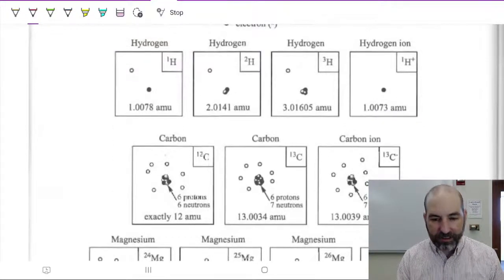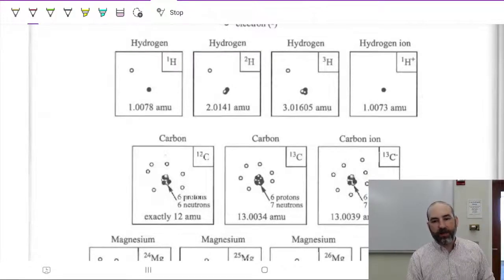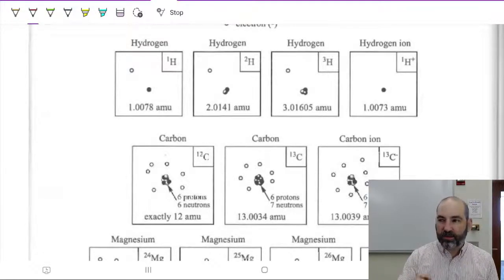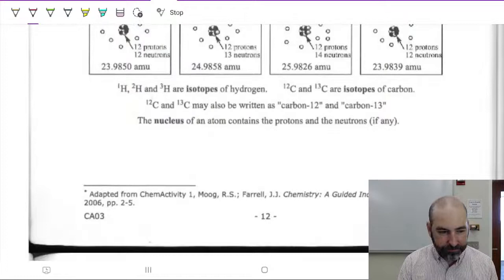Then you've got these boxes that are named with atom names like hydrogen, carbon, magnesium. They have these little symbols in the upper right-hand corner, and they have these AMU numbers below, and they contain various numbers of these dots. And then underneath the boxes, there is a description of what they are.